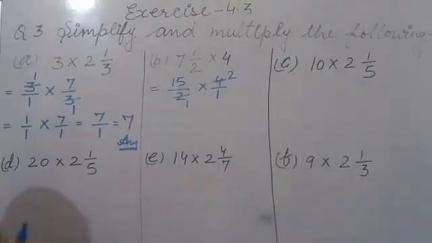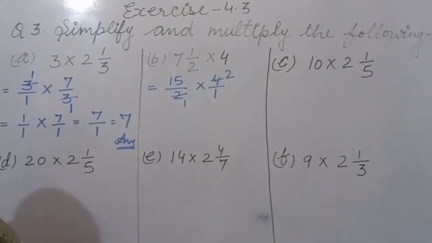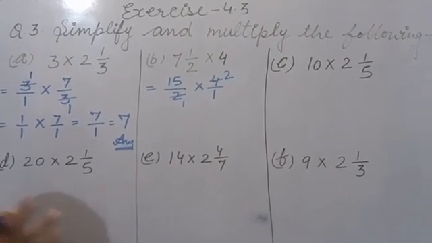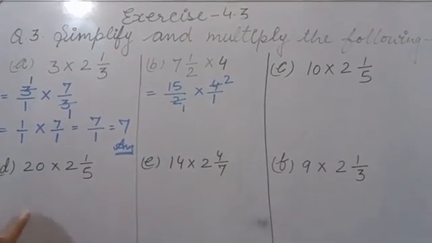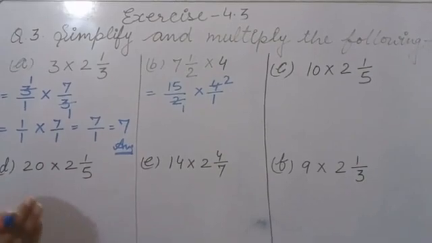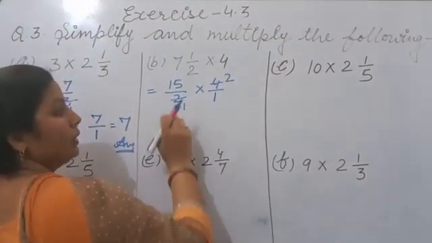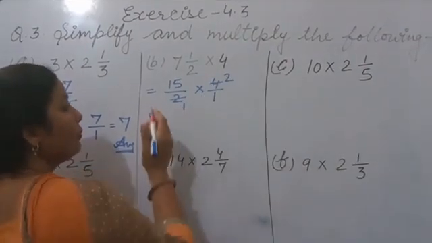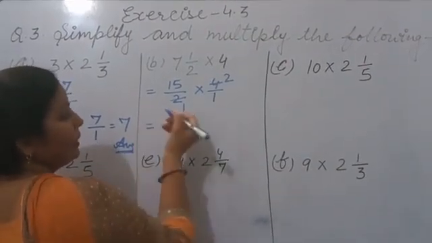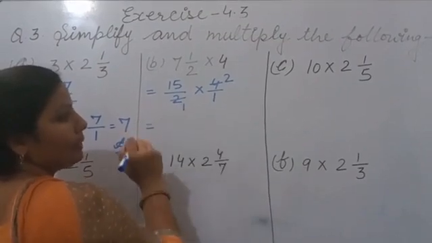Okay, both the numerator and denominator come in the same table, so we can cancel. How will we cancel? By dividing. So we divide both by 2. So 2 ones are 2 and 2 twos are 4. Now numerator multiply by numerator and denominator multiply by denominator.